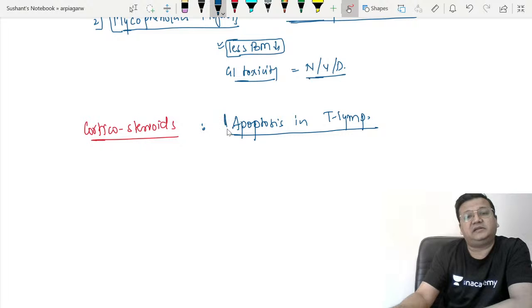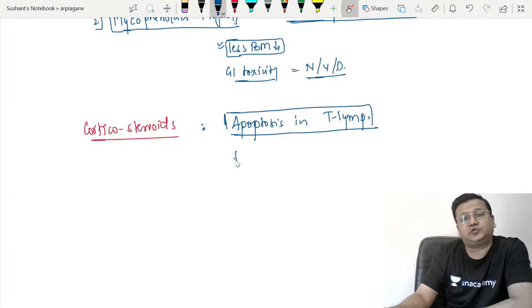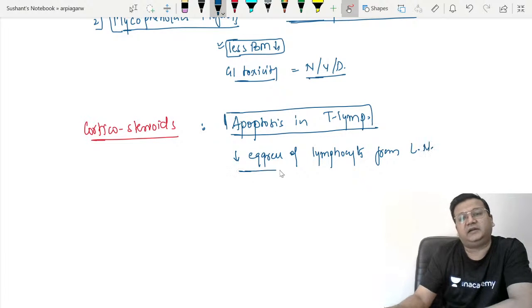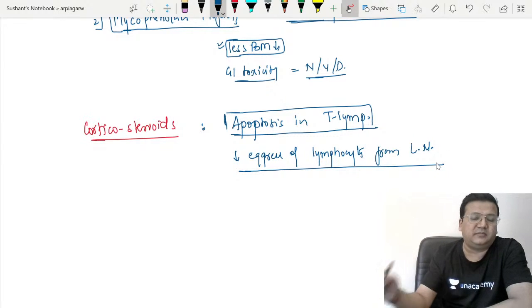That is their main mechanism of causing immunosuppression, and they will reduce egress of lymphocytes from lymph nodes. They will ask the lymphocytes to remain in the lymph nodes, not come in blood.